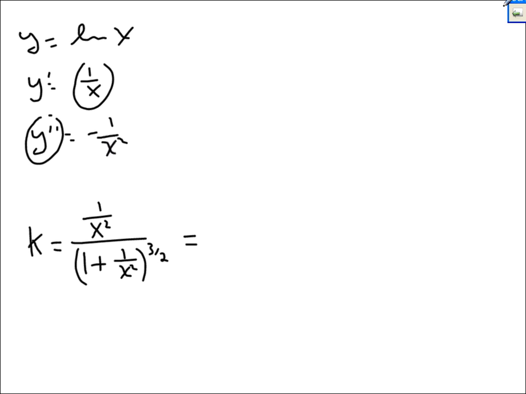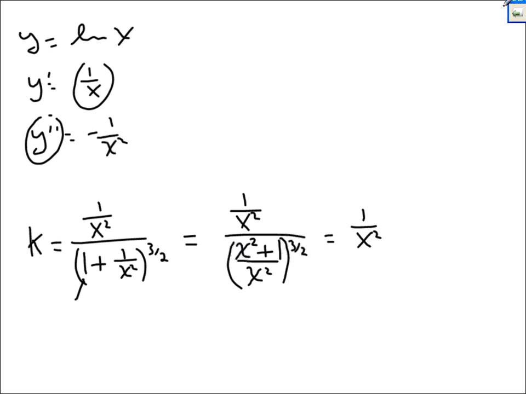Okay, let's clean up the bottom. So it's 1 over x squared over, I'm going to think of that 1 as x squared over x squared. So it becomes x squared plus 1 over x squared. Yes, to the 3/2 power. So I keep the top the same. I change division to multiplication, and I flip over the bottom.